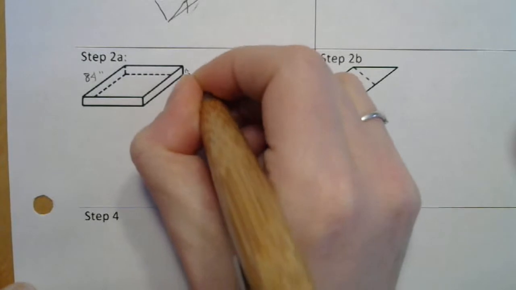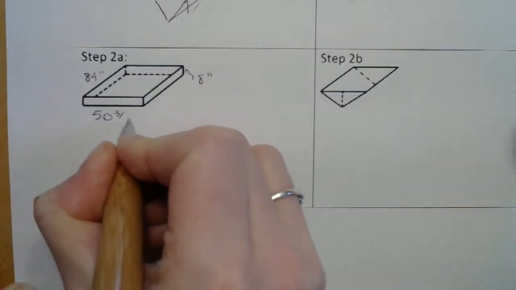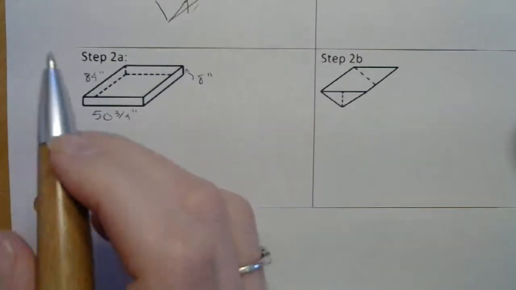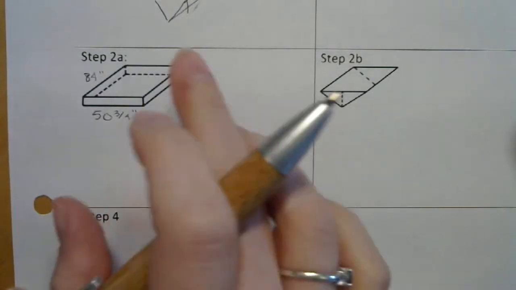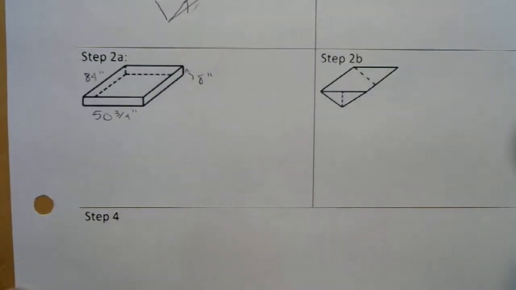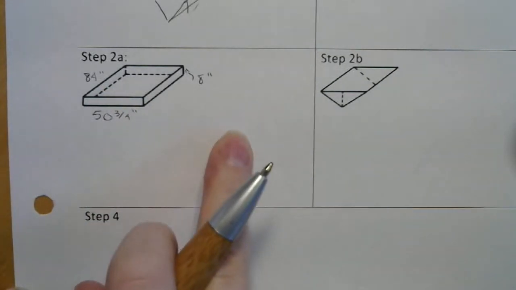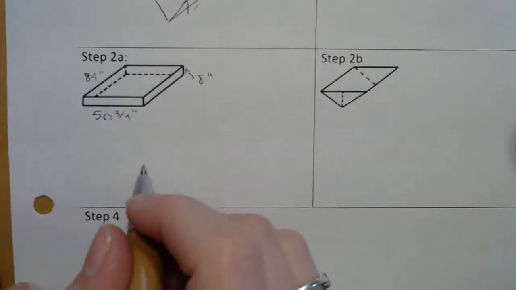This is 8 inches. And this is, once again, 50 3/4 inches. Now, keep in mind, I switched them all to inches. You could have switched them all to feet as well, and it's not a big deal which way you go, as long as they're all the same unit. You can't have this one in feet and this one in inches and use those numbers in the same calculation, because your units won't work out. As long as it's the same, you're good.